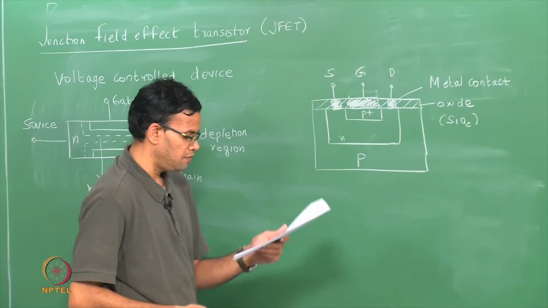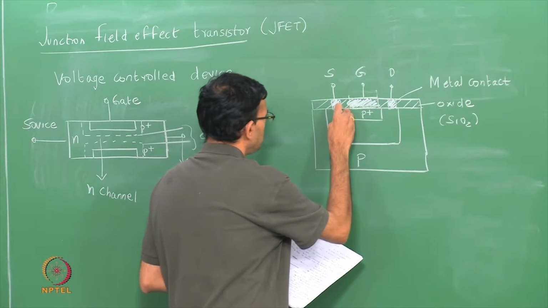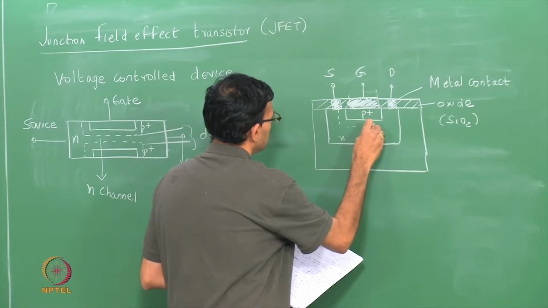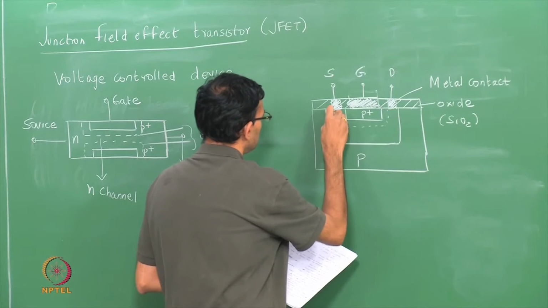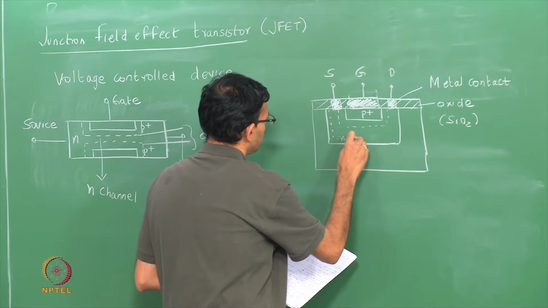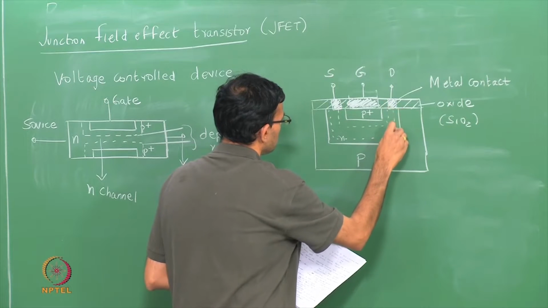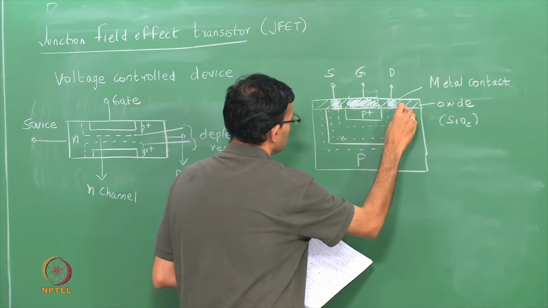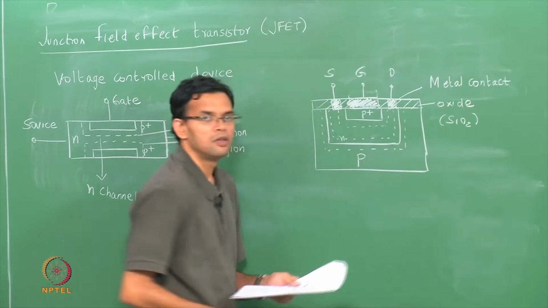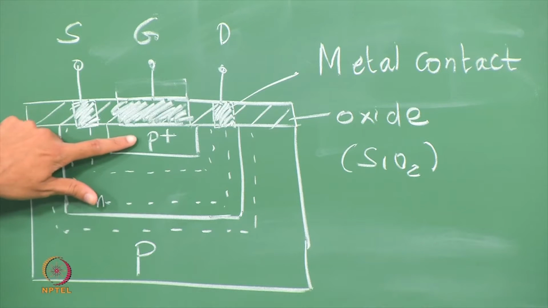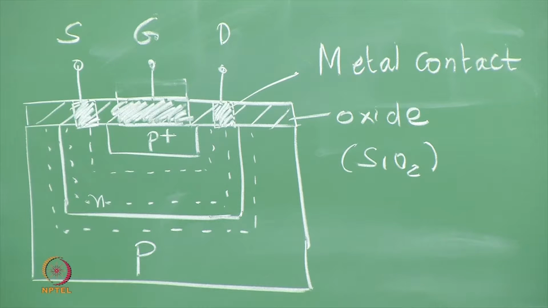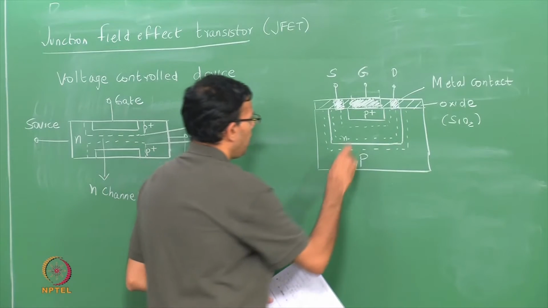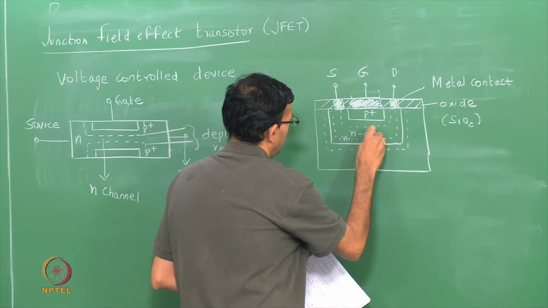Once again, in this device you have 2 depletion regions. You have 2 junctions, one between the p plus and the n, one between the n and the p, so that you have 2 depletion regions and you have an n channel.